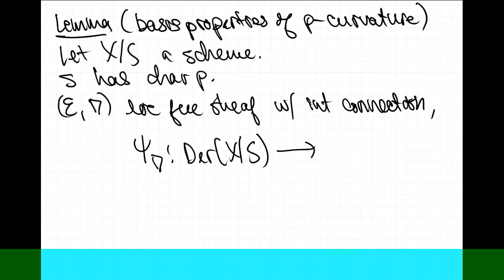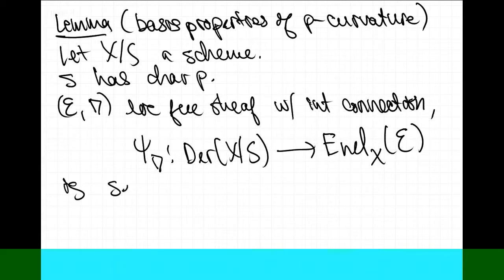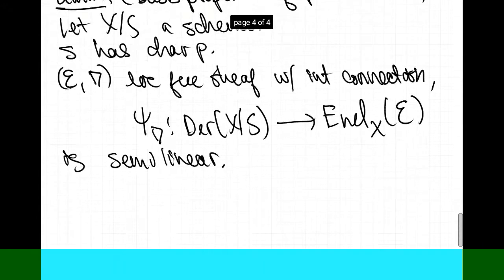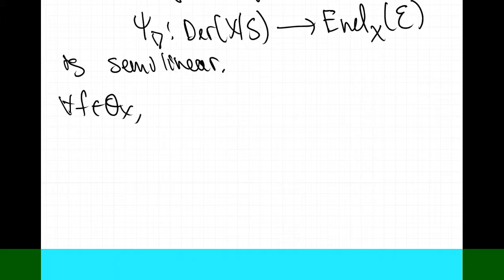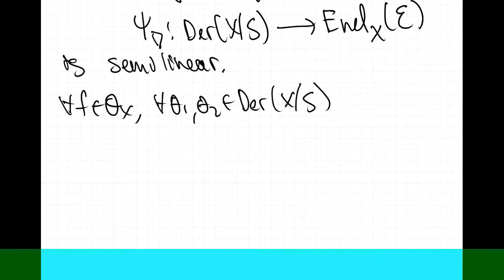And this is the first non-obvious thing that I'm going to say. It says that this endomorphisms of E, so we had it that it was going to be S linear, but it's actually going to be X linear. Okay, let's say semi-linear. So this is the first property. Let me say what I mean by this. This means that for all f in O of x, and all theta 1, theta 2 derivations on x, we have the following.